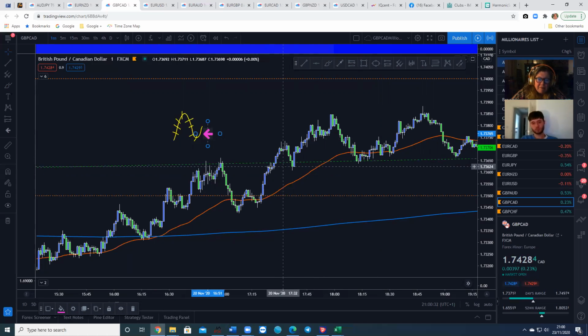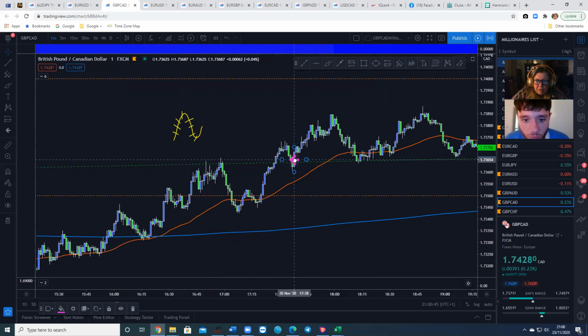But my point is that you see how it slipped through, but you wouldn't be getting in. You wouldn't be getting in on that green candle anyway for a buy. You wait for it to turn in your favor. So would you have entered at the big engulfing one? Would you have entered at the top of that? Yeah. Okay.